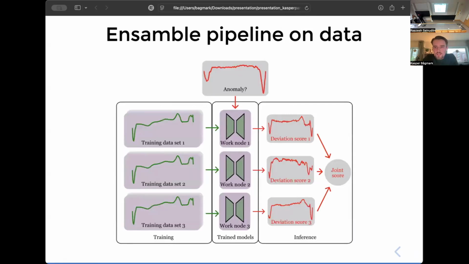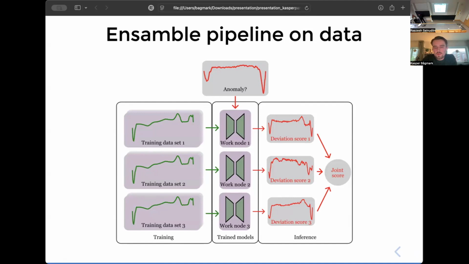So to summarize this pipeline, we have in green down to the left this training cycle where we partition the data and send each part to a node, and we learn a corresponding model. And then at inference, in red, we get some time series that we want to perform anomaly detection on.